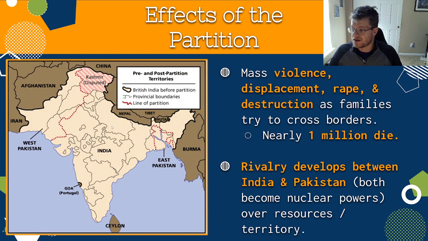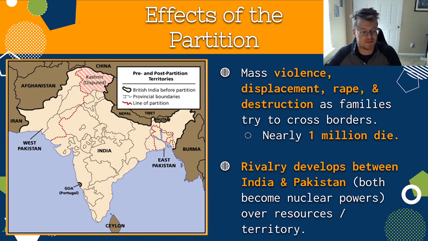So if you look at this line here, if we were to go back and overlay some of those maps that we looked at before, here's Pakistan, which is going to be set up for Muslims. There's Muslims living in India and there's Hindus living in Pakistan. This is going to be an issue. And the same thing over here with East Pakistan, which again will eventually become its own country.